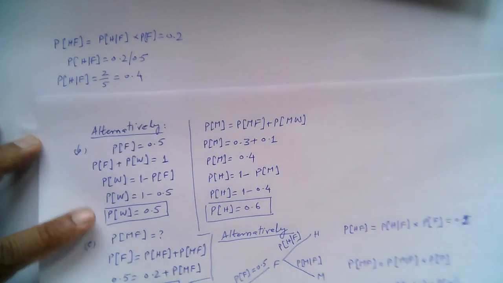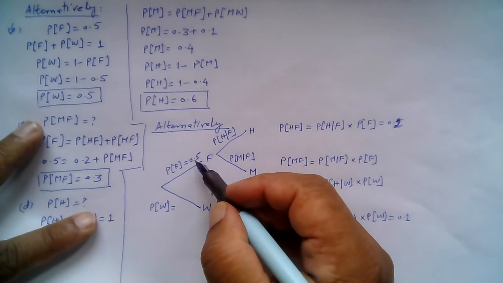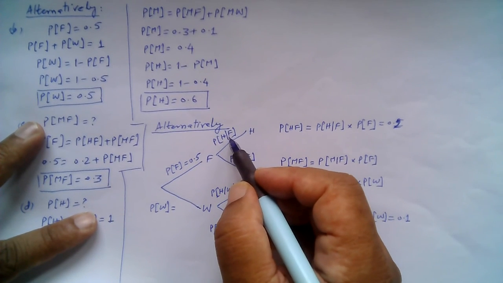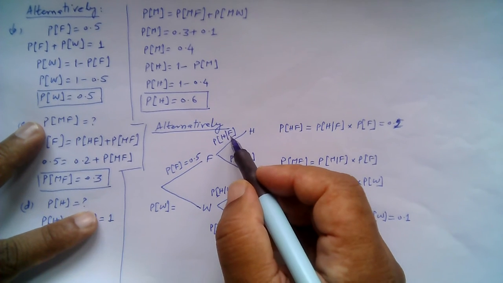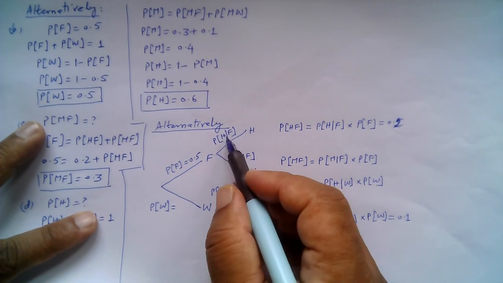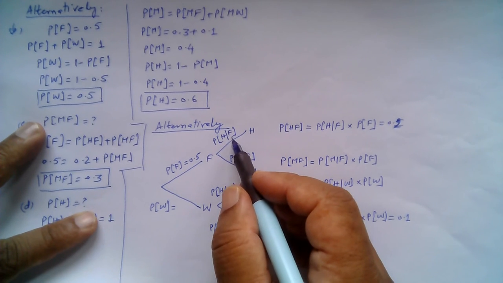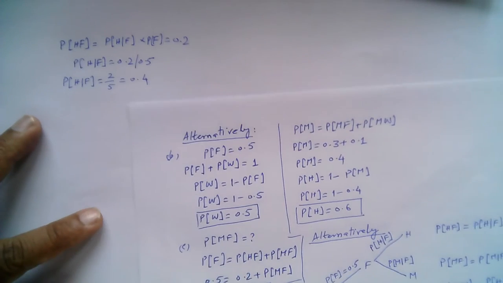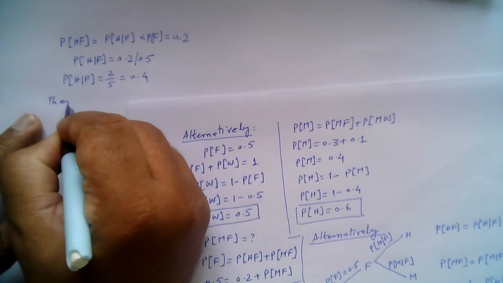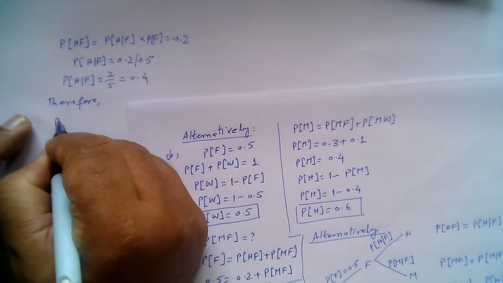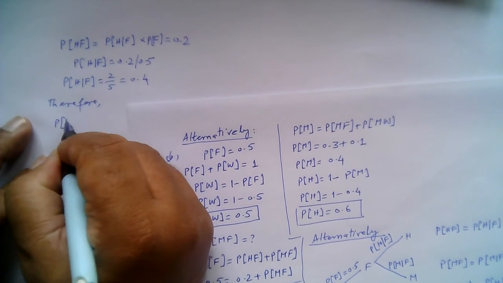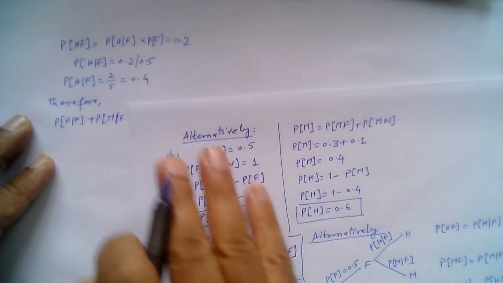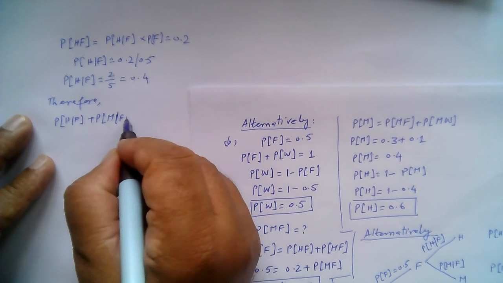So you see on this tree, we know this value, and we have then calculated this value. Once this is 0.5, then 0.5 plus this 0.4 plus this should be 1, so this is 0.6. Therefore, the probability of H given F plus the probability of M given F should be 1.